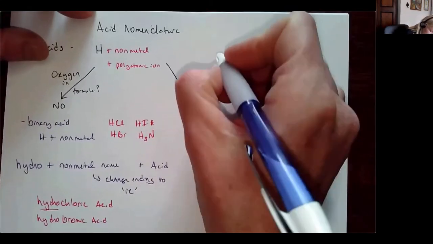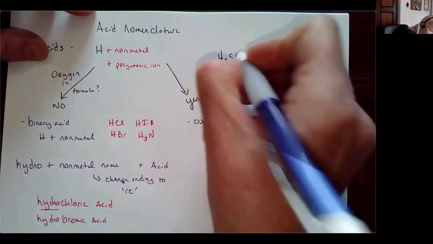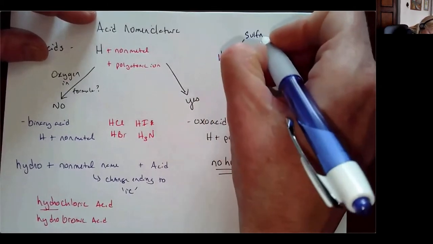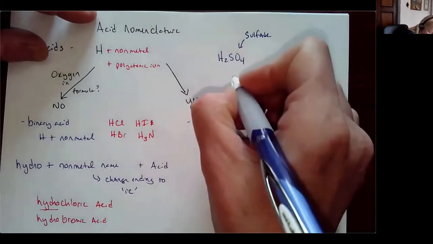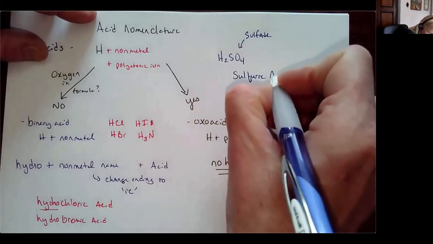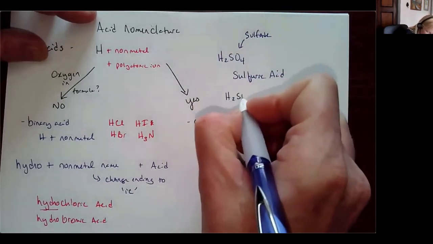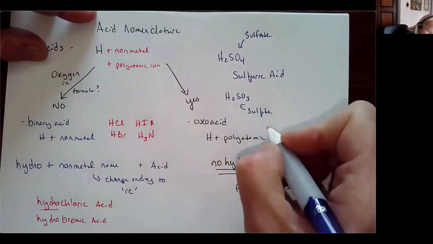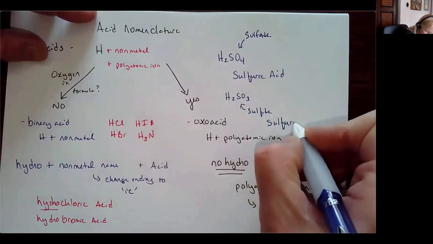So something like this, for instance, H2SO4, this is the sulfate polyatomic ion, so this would be sulfuric acid. H2SO3, this is the sulfite polyatomic ion, so this would be sulfurous acid.